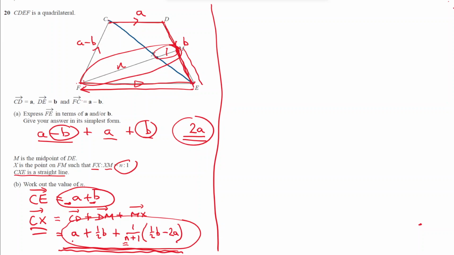So Cx is equal to A plus a half B plus, I'm going to expand this bracketed term here. So 1 over n plus 1 lots of half b minus 2a.